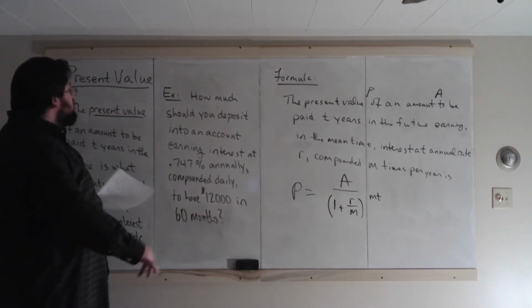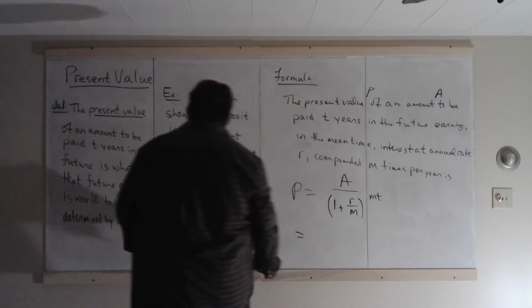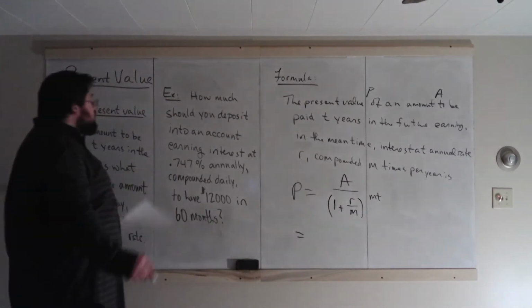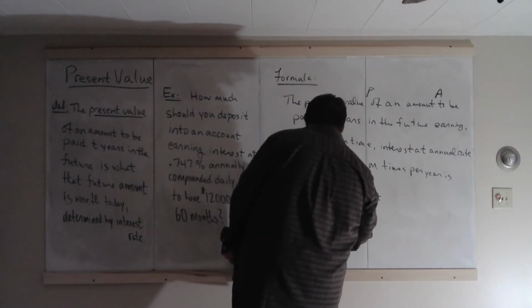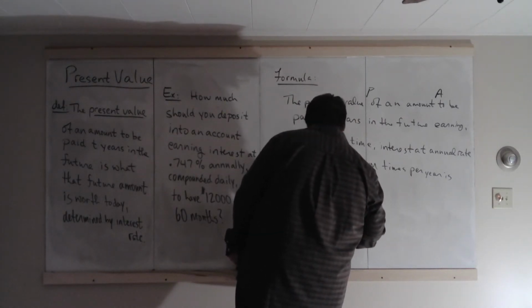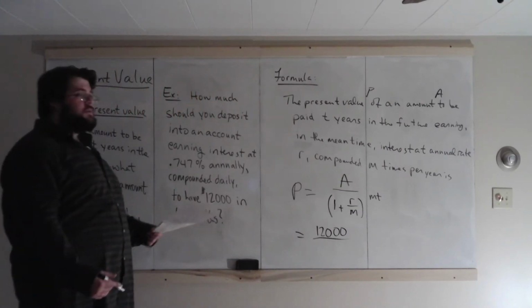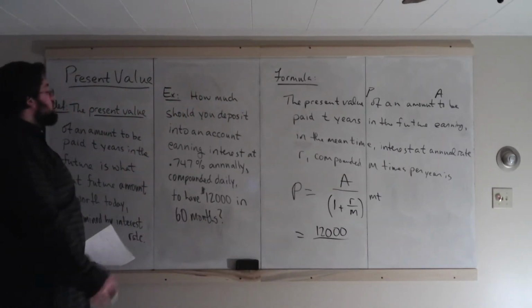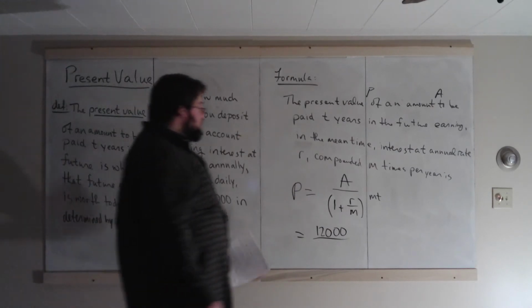So here, what are our numbers? So here, A would equal $12,000. So you want to have $12,000 in 60 months. Another way of phrasing this is, what amount today will grow to $12,000 given so-and-so interest rate.